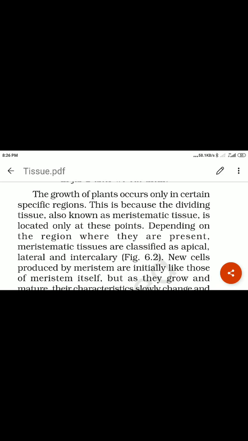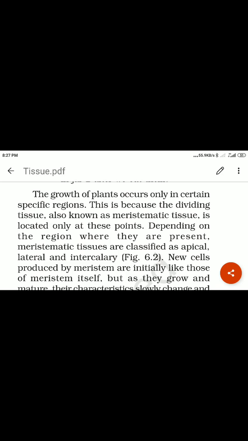Because there is a difference between the cells. There are dividing cells in that region. There is meristematic tissue in that region. There is a group or cluster of cells in that region that wants to grow, having a hunger for growth.